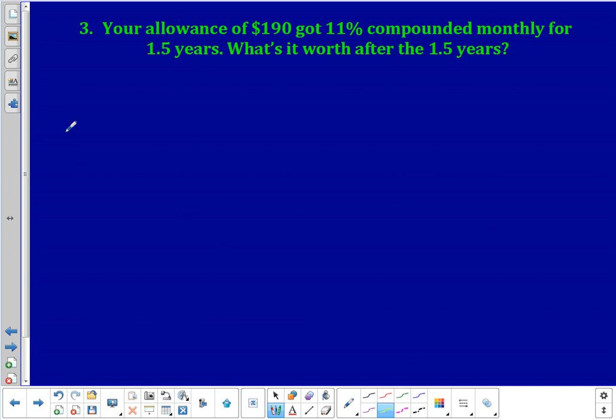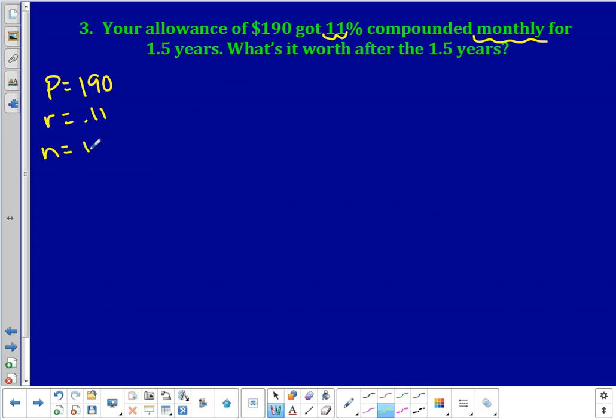Your allowance of $190 got 11% compounded monthly for 1.5 years. What's it worth after 1.5 years? So principal, starting amount, 190 bucks. Interest rate, 11%, go back 2 places, that's 0.11. Compounded monthly.